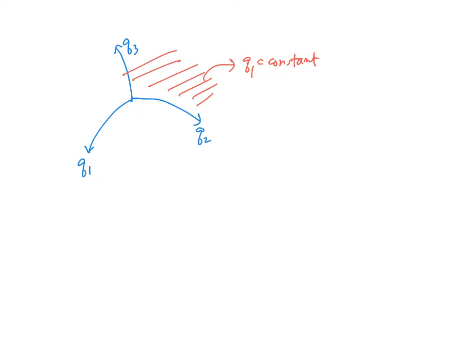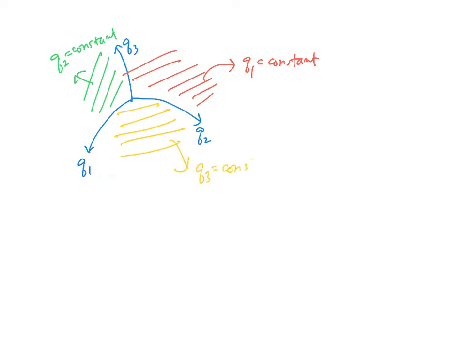This is a surface where Q2 is constant, and we have the yellow one. This is a surface where Q3 is constant. So the Q1 axis can be defined by two surfaces, one where Q2 is constant, another where Q3 is constant.